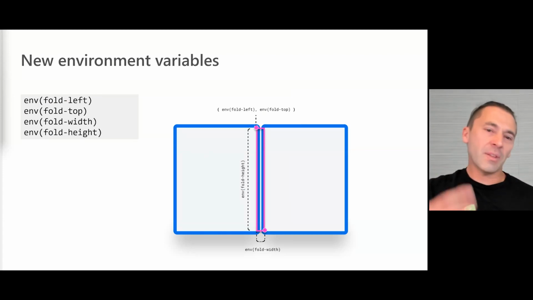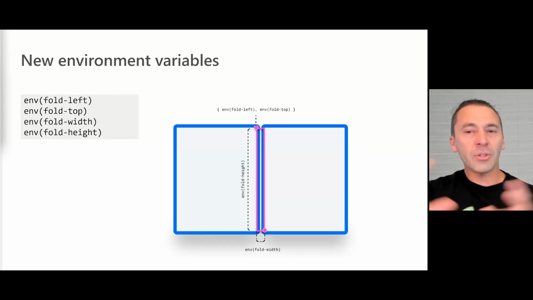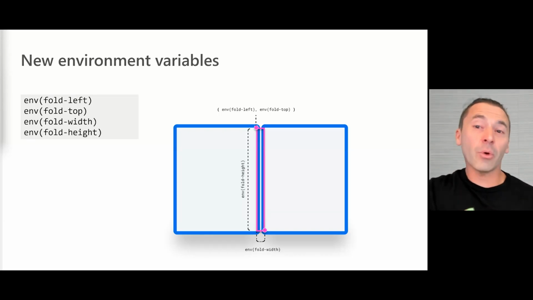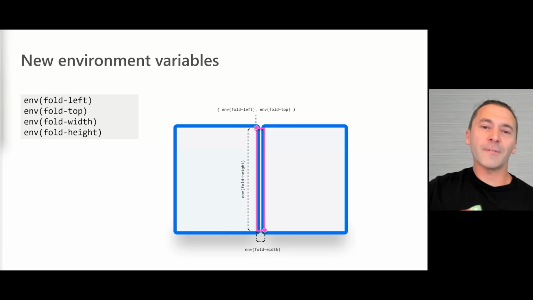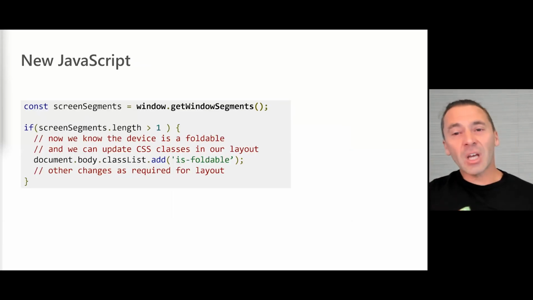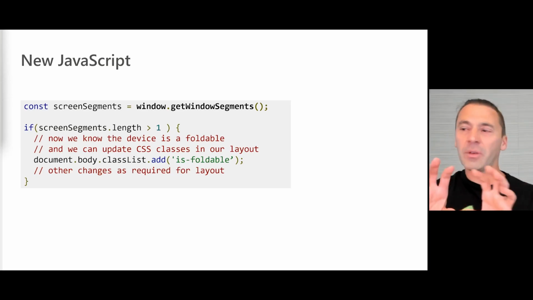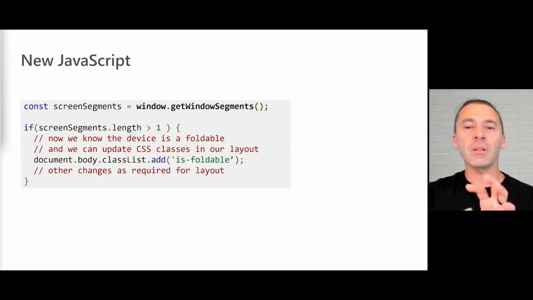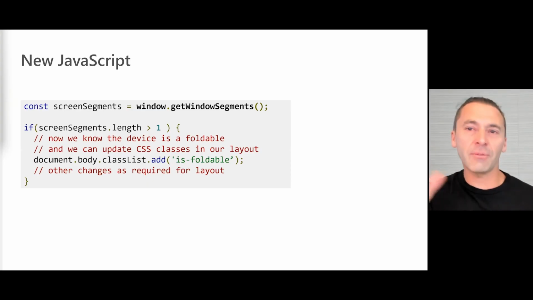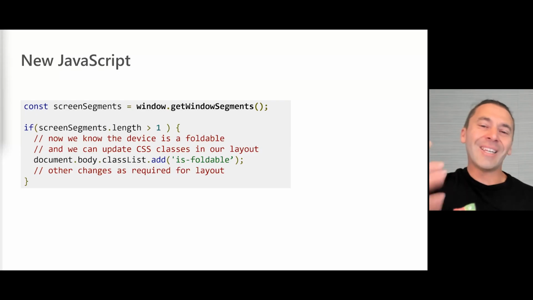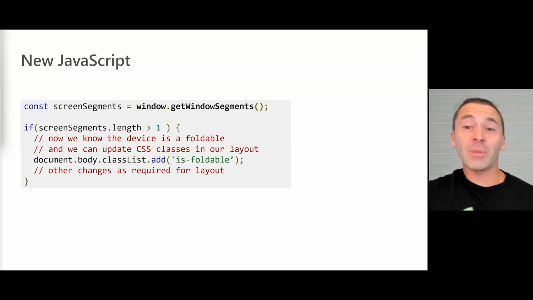So we created these fold left, top, width, height, and you can combine those with the media queries to create interesting layouts. And we didn't forget JavaScript. We added just one new method which will return, when you're in JavaScript, the shape of the screen. So if there's two rectangles with a hinge in the middle, it'll give you those two rectangles, give you the coordinates. So you can easily extend any JavaScript layout you're doing by using this function.